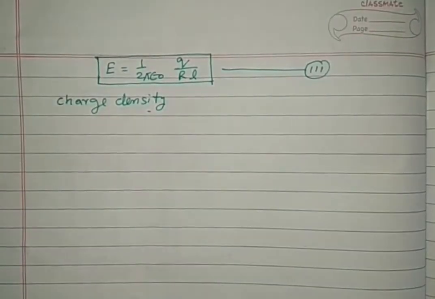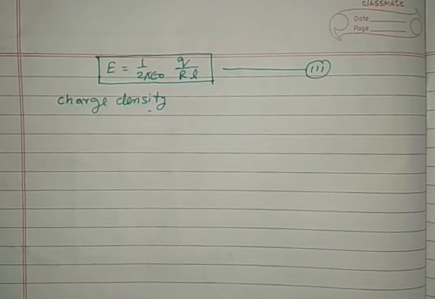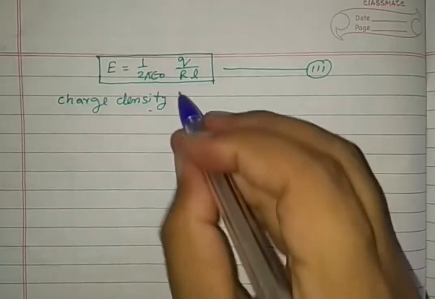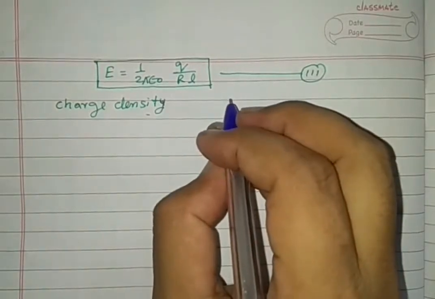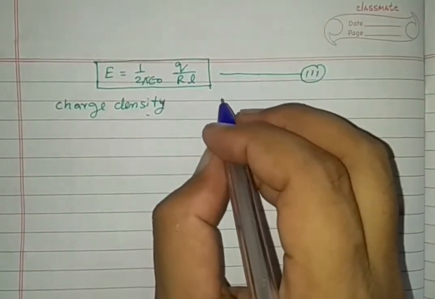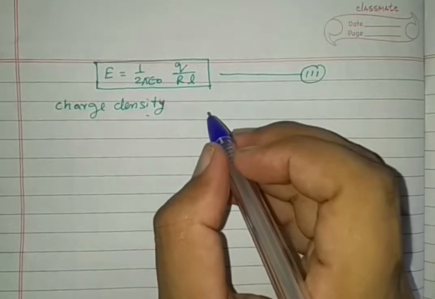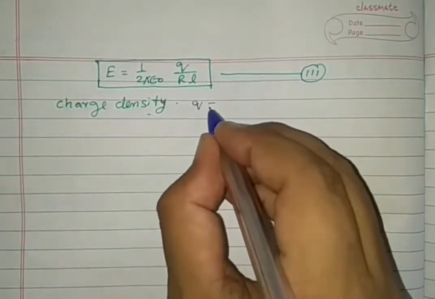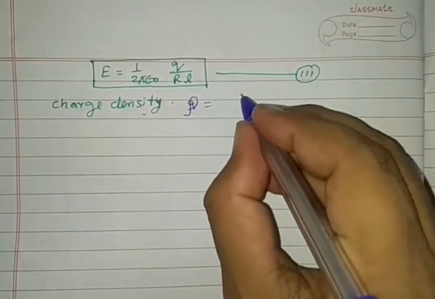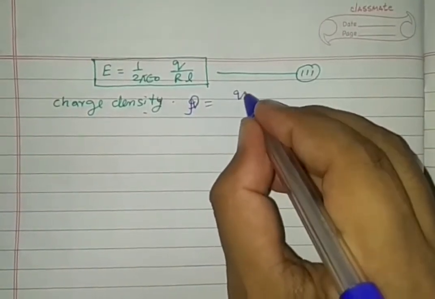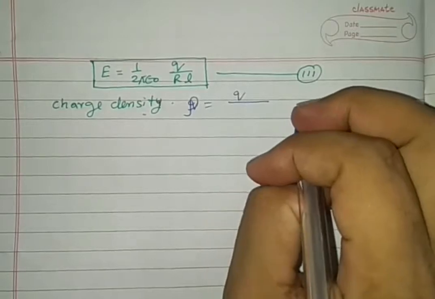See, for the charge density carefully. Since the cylinder is 3-dimensional and charge is Q, and it is uniformly distributed in the whole volume, the charge density rho we are giving by the formula: total charge by volume of cylinder.